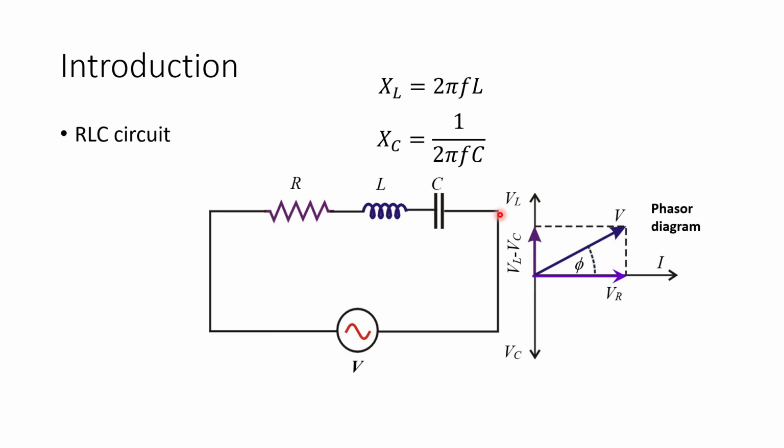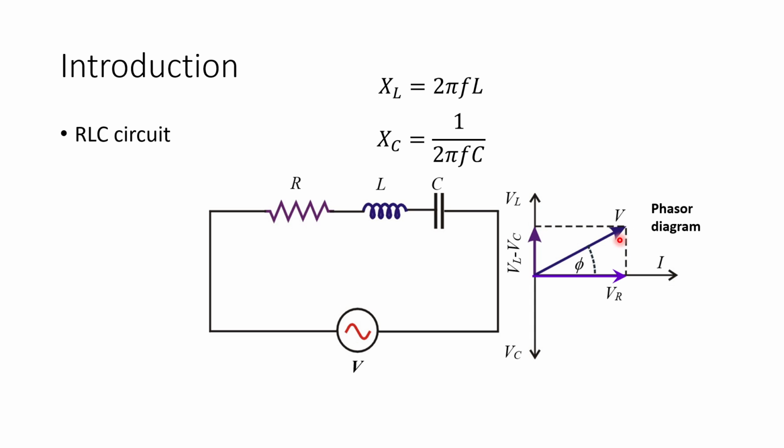From there, you could do the basic vector calculation by adding VR, which is on the x-axis, and the subtraction of VL minus VC on the y-axis, and then you add them in a vector way, and you get the total vector V, which is the total voltage that you supply.